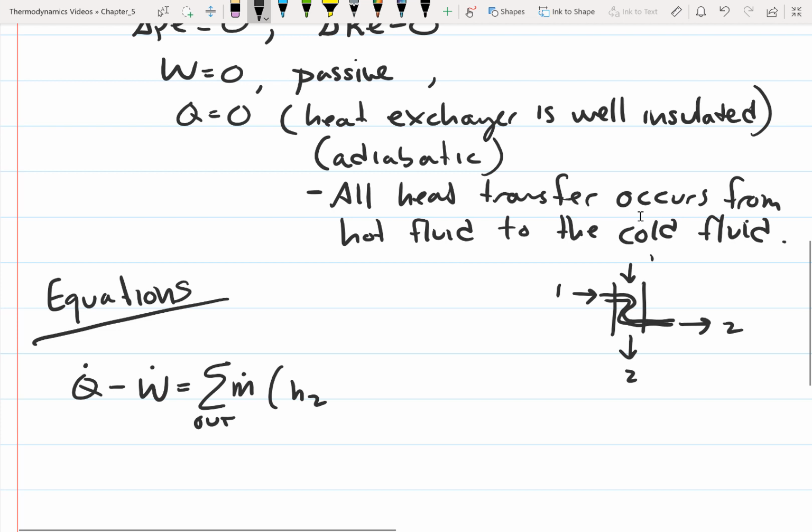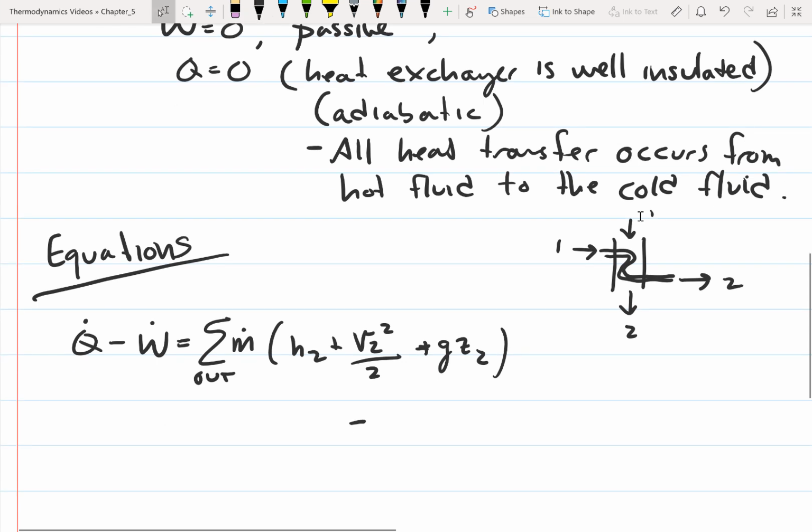So this is m dot times H2 plus V2 squared over 2 plus g Z2, minus the sum of all of our inlets. So this is m dot times H1 plus V1 squared over 2 plus g Z1, because this is the inlet.